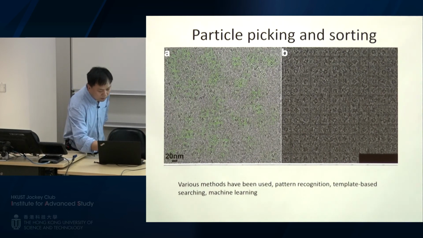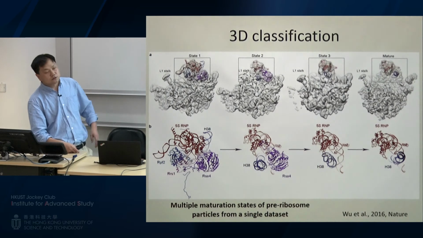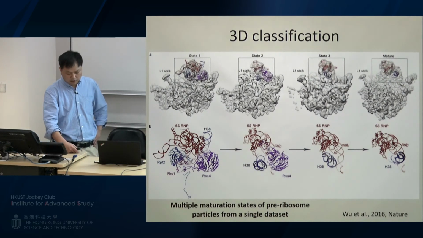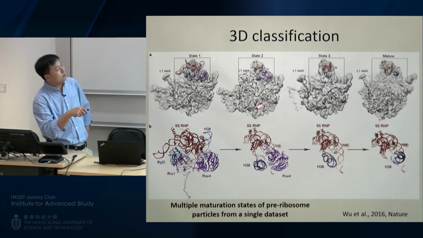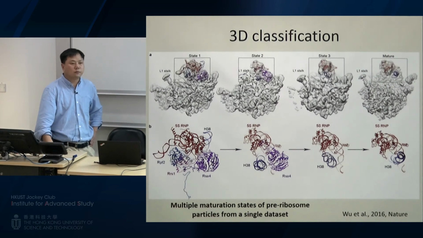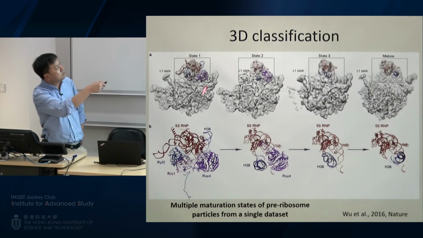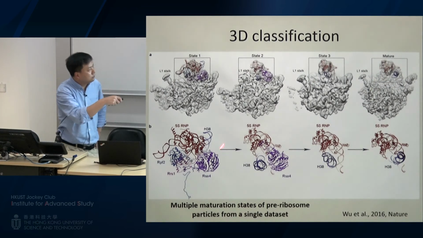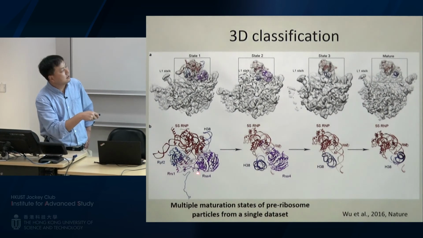Then after particle picking, we will use 2D and 3D classification to get 3D structures. One application of 3D classification is that we can group particles into different groups, then perform 3D reconstruction within these groups. Then we can get different structures. For example, what you're looking at is actually 4 different structures from a single data set.